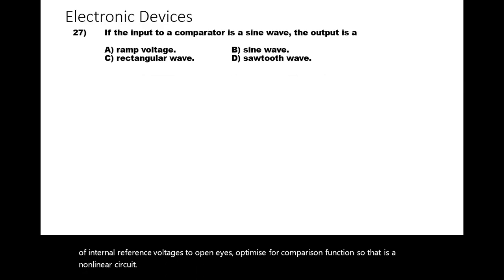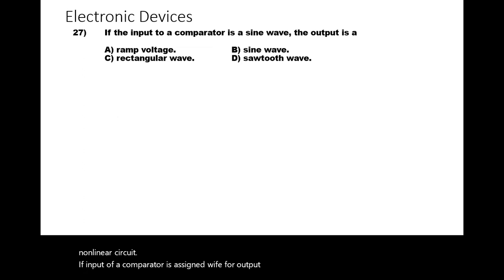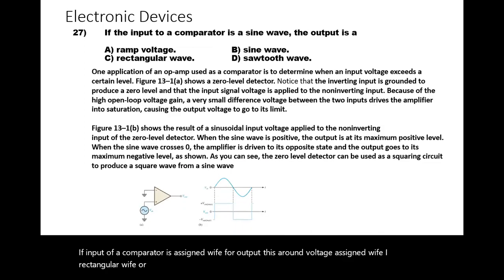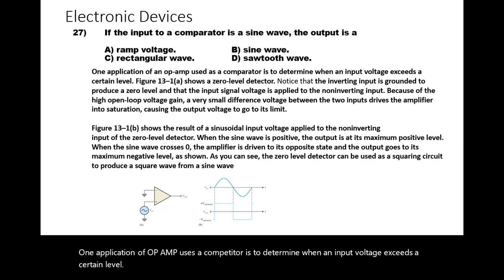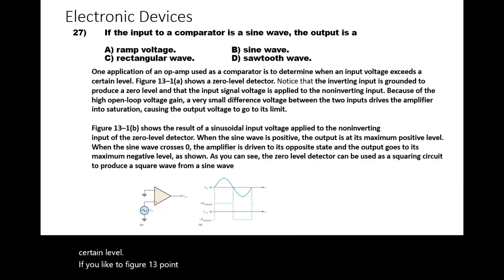If the input of a comparator is a sine wave, the output is a ramp voltage, a sine wave, a rectangular wave, or a sawtooth wave. One application of an op-amp used as a comparator is to determine when an input voltage exceeds a certain level. If you look at figure 13.1a, you will see a zero level detector.